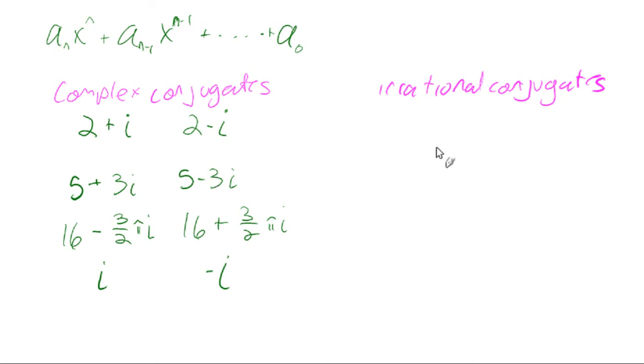So how about 3 plus root 2, then 3 minus root 2 would also have to be a zero. Okay, and again, I don't think I've ever seen an example of a polynomial that wasn't like this, but this would be a polynomial that has rational coefficients.